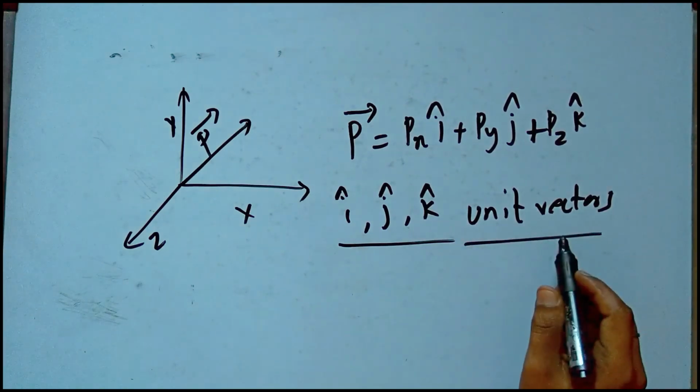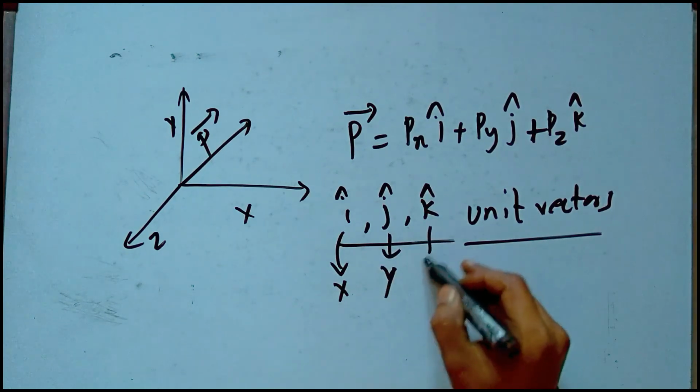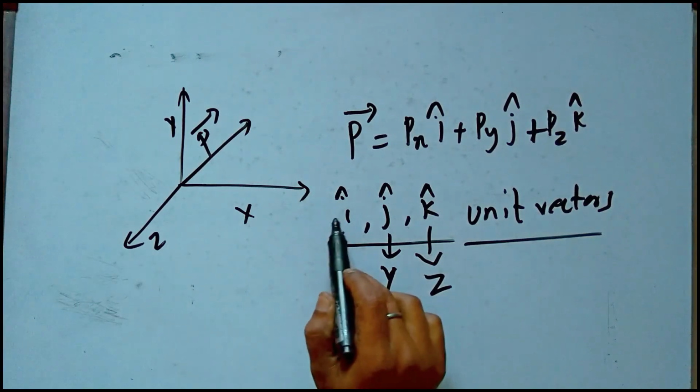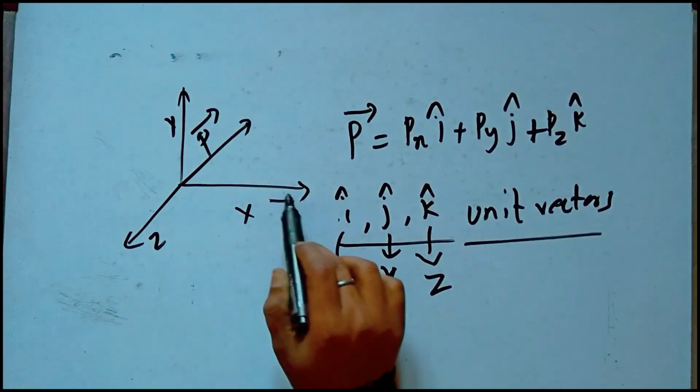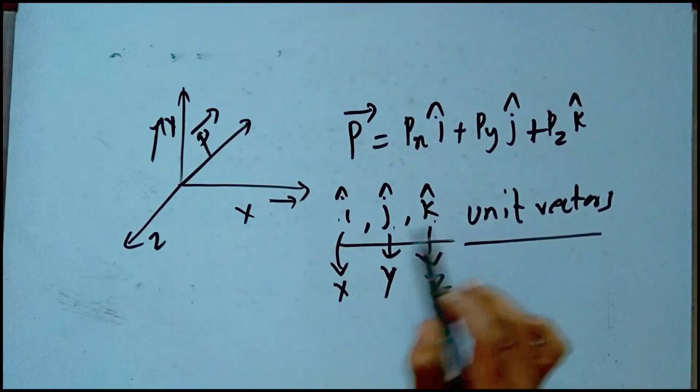These are unit vectors in the direction of x-axis, y-axis and z-axis respectively. So i is unit vector in x-axis, j is unit vector in y-axis and k is unit vector in z-axis.